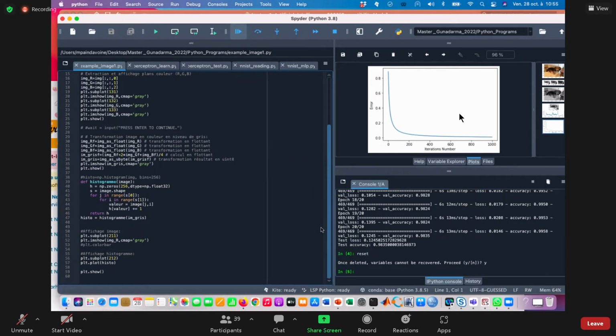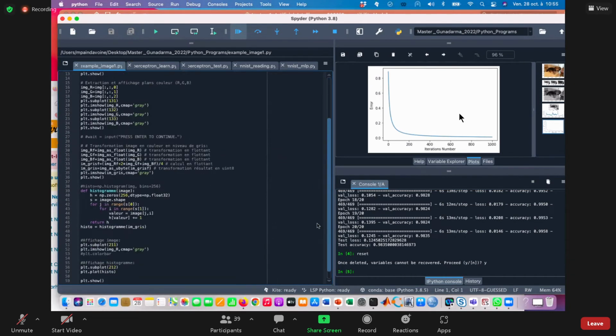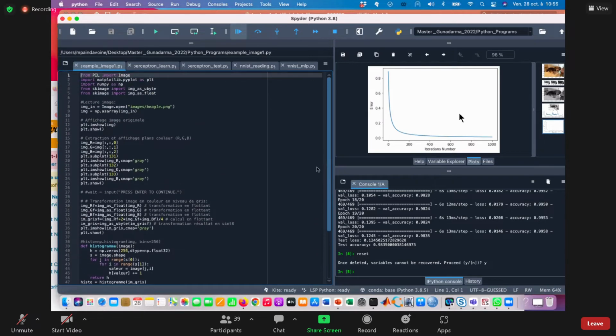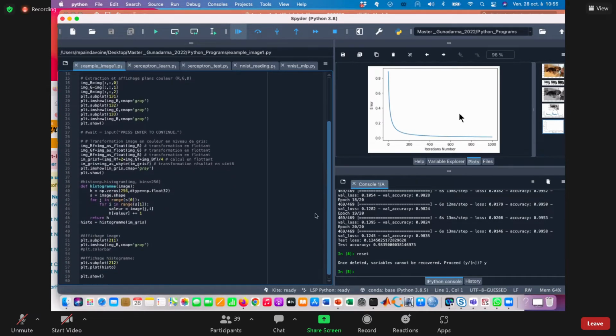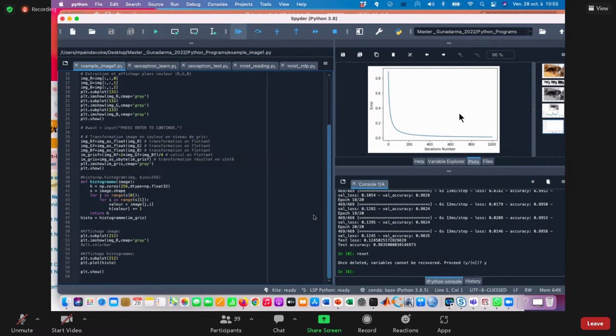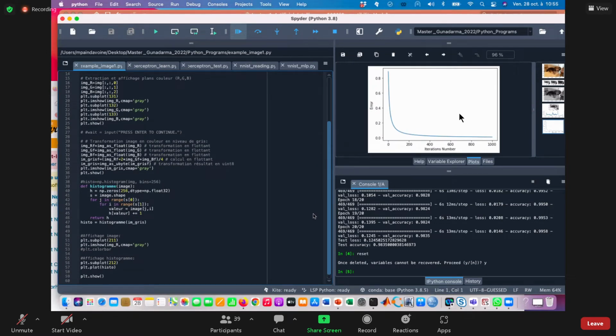Professor Sarifuden told me that now you have this example, so I hope that you can test it. As I explained, I am using the Spyder graphic user interface, which is very close to the MATLAB environment.